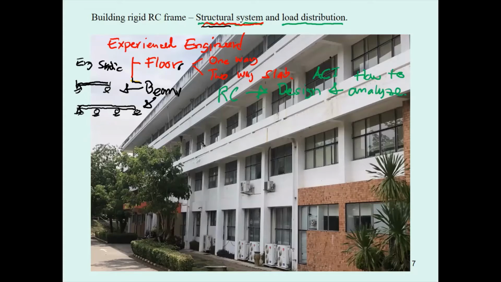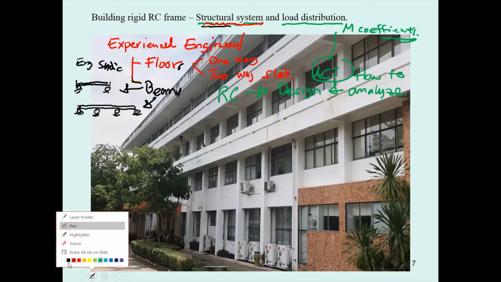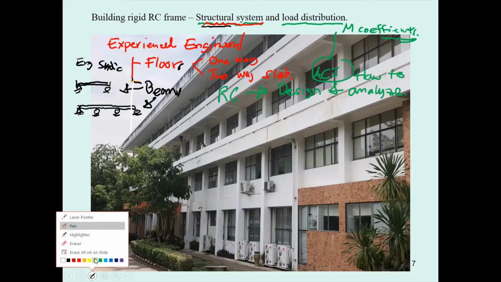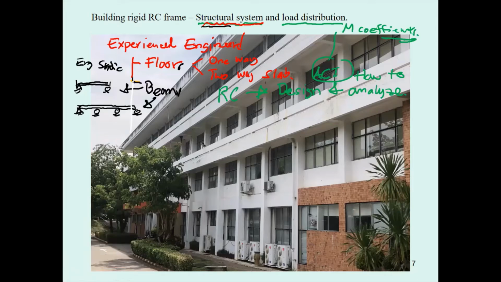The ACI code also provides you the moment coefficients for some cases for you to use, and I will mention this later. Then the structure will transfer the load from the floor to the beam, and then they transfer the load to the column.